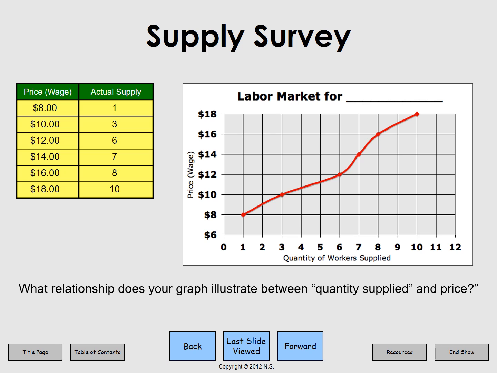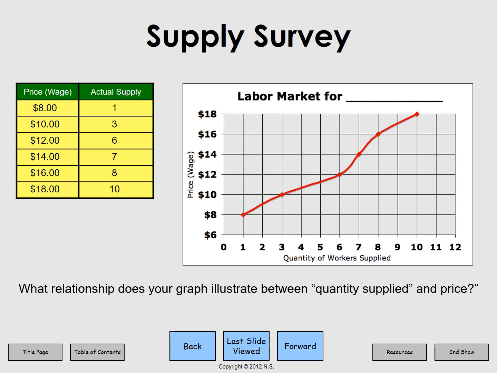We could take these numbers and switch them around and make them into products. If I can make $18 on a pair of socks, $18 on a glass of lemonade, then I'm going to make more of those things so that more people will buy them.